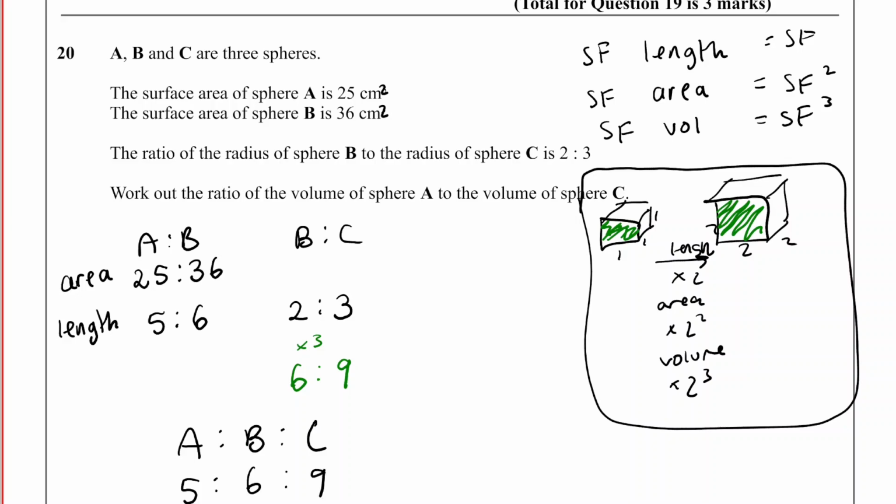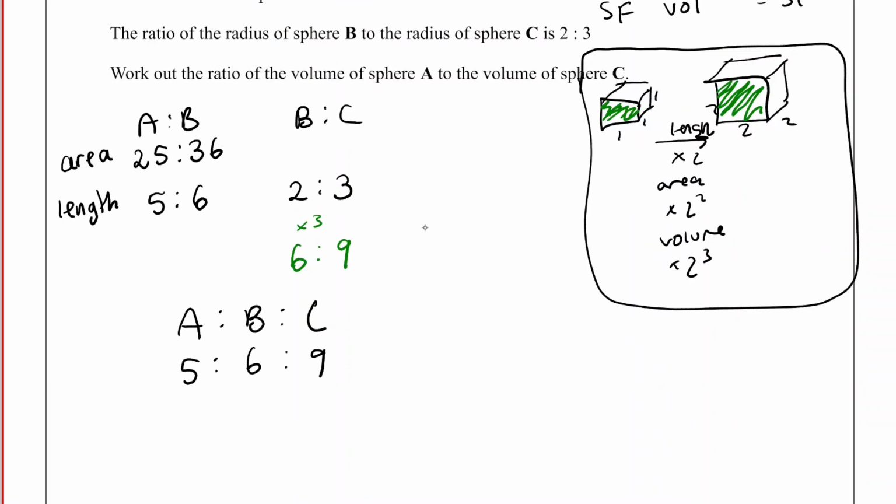We want A to C. So for lengths, A to C is 5 to 9. For volume, we're going to cube the scale factor, so it's going to be 5 cubed to 9 cubed.